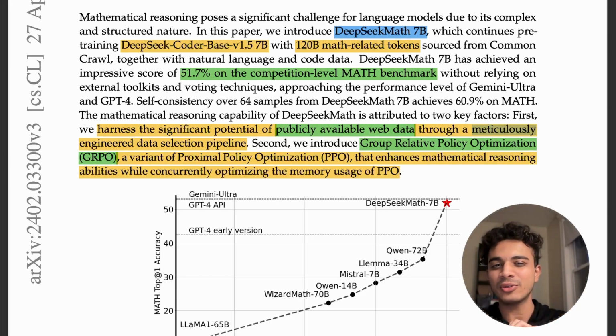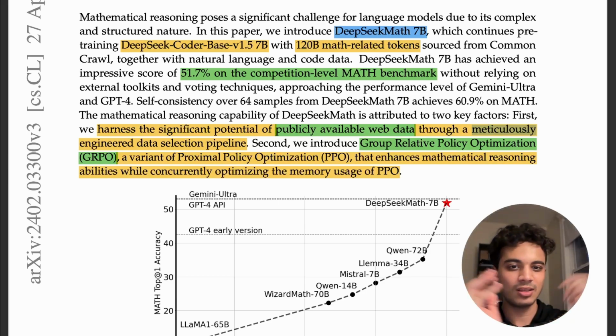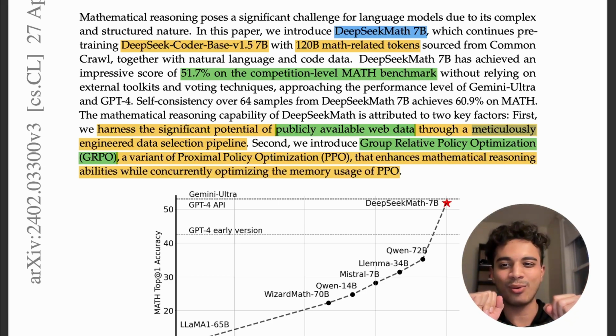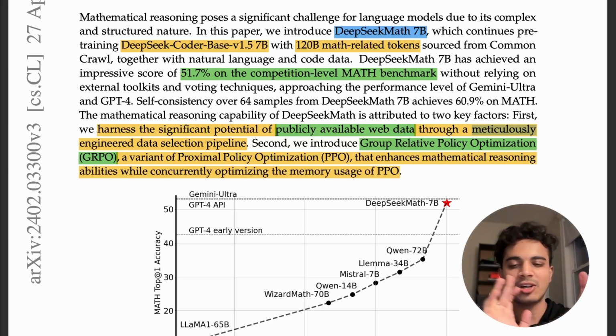The second thing that they're introducing is amazing. It's called Group Relative Policy Optimization. I'll call it GRPO from now onwards. It's basically a variant of Proximal Policy Optimization, PPO, which is a very popular deep reinforcement learning method.